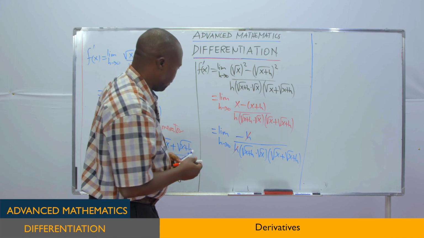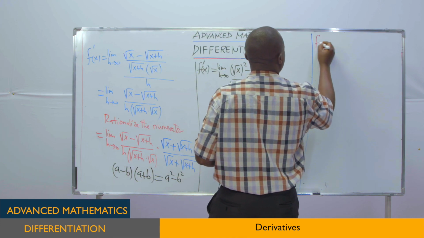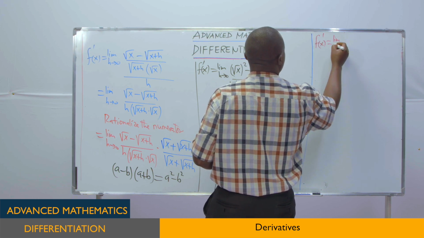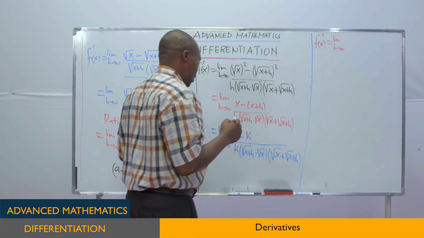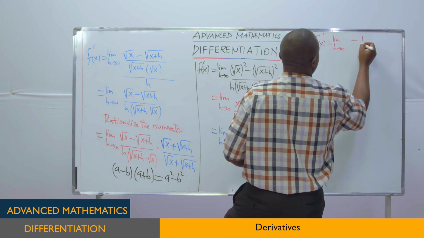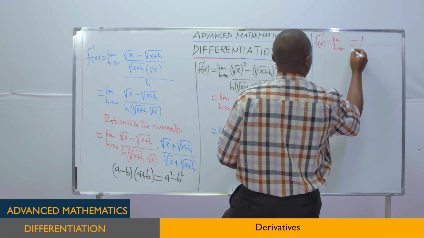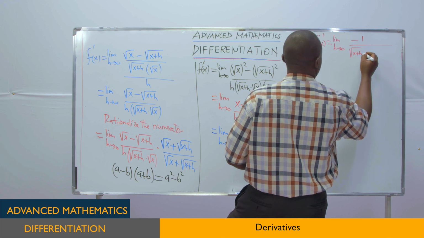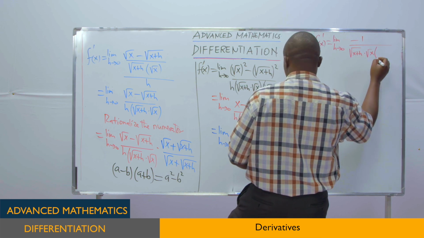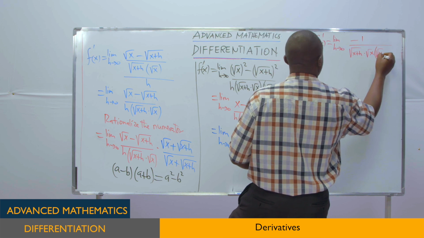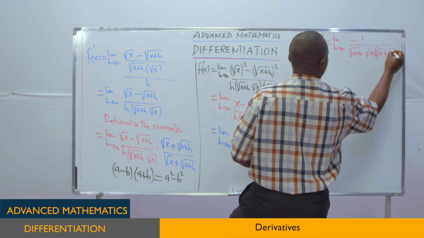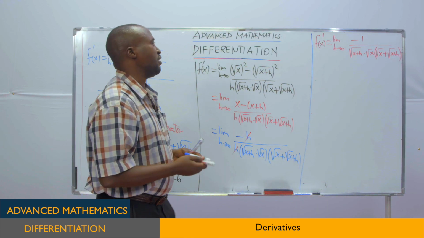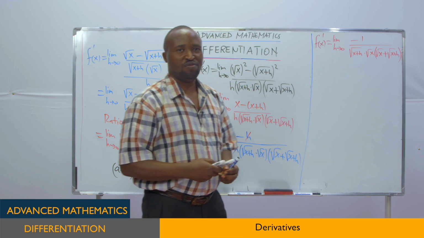So in this case, we have f of x dash will be equal to the limit of, as h approaches to 0, we have negative 1 over the square root of x plus h, then square root of x bracket of square root of x plus the square root of x plus h. Now at that point, remember, h approaches to 0.